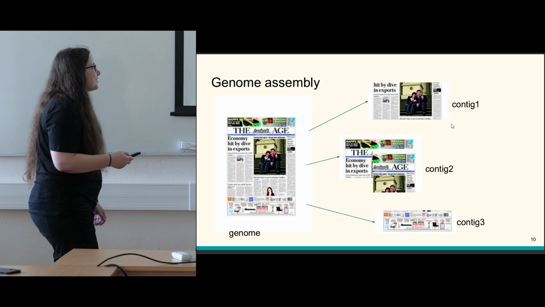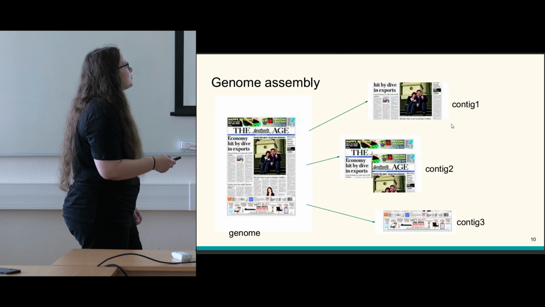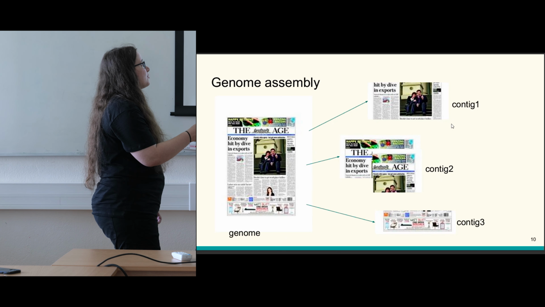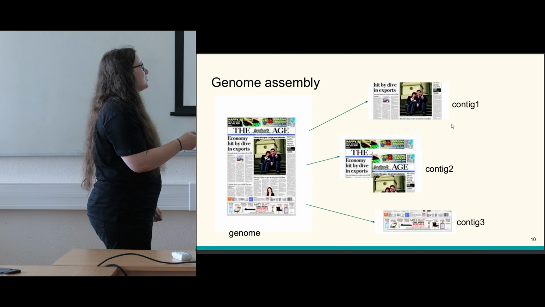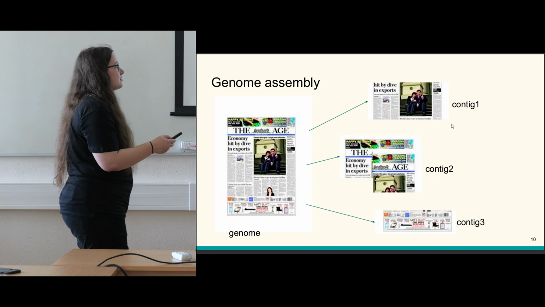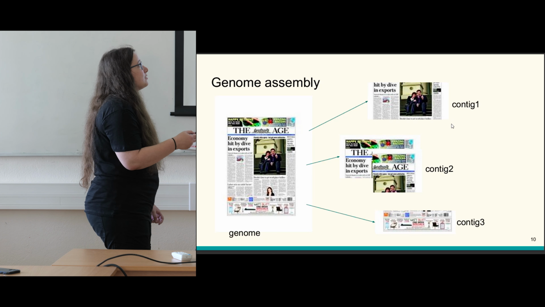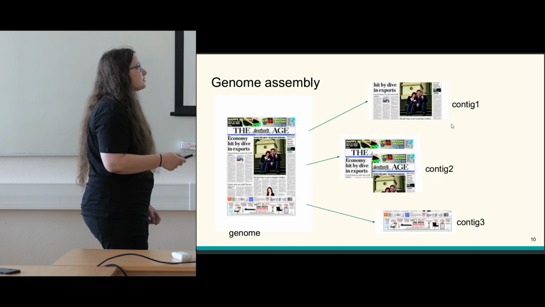However, it is not like this all the time. Commonly, we get something more like pieces of those pages, often split in a very confusing way, and we still somehow want this page, and we call these fragmented parts contigs.